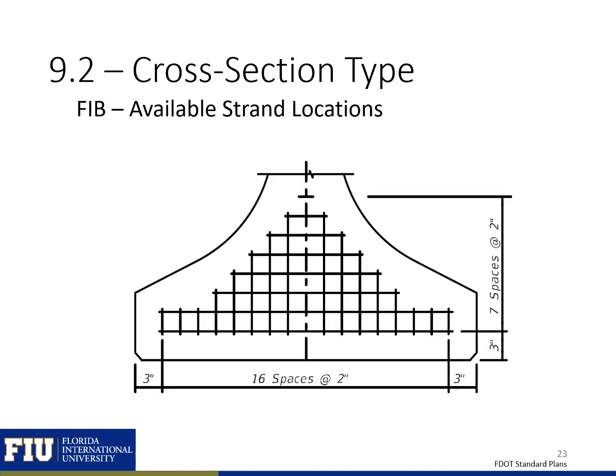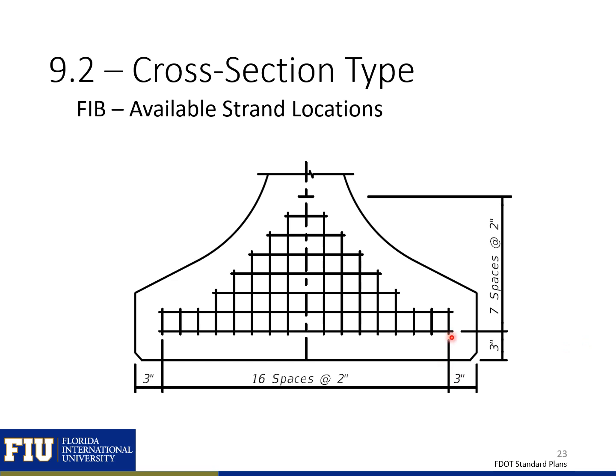Cross sections will also have an available strand location. Here you can see a sample available strand location for the Florida I-beam. The first row of strands is 3 inches from the bottom, and then the strands are on a 2-inch by 2-inch grid. This 2-inch by 2-inch grid is kind of a standard grid for pre-stressed members.